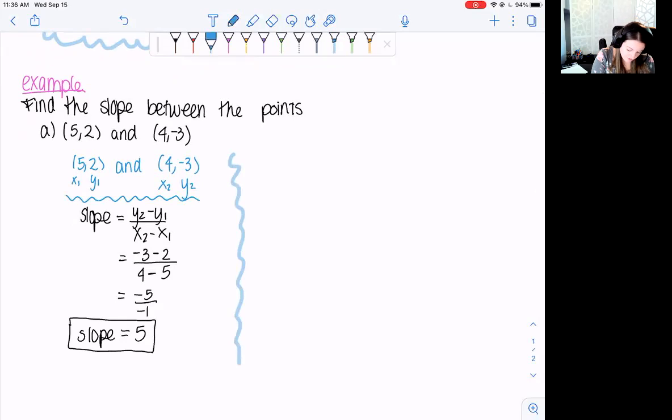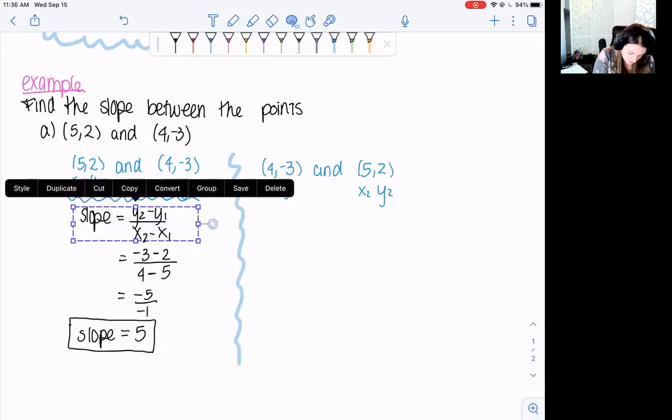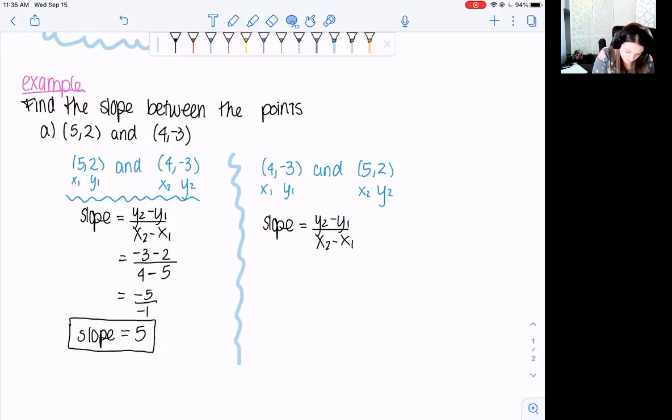On the other hand, if I flopped it and I did 4, -3 as being x1, y1, and 5, 2 as x2, y2, and did the same exact thing, so this would be 2 minus y1, which is -3, x2 is 5, x1 is 4, and then 2 minus -3 is 2 plus 3, so that's going to be 5, and then 5 minus 4 is 1.